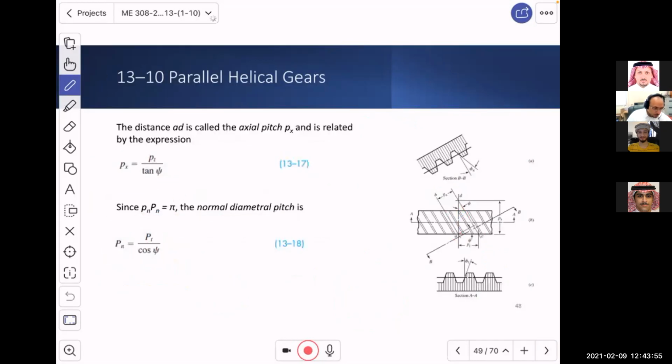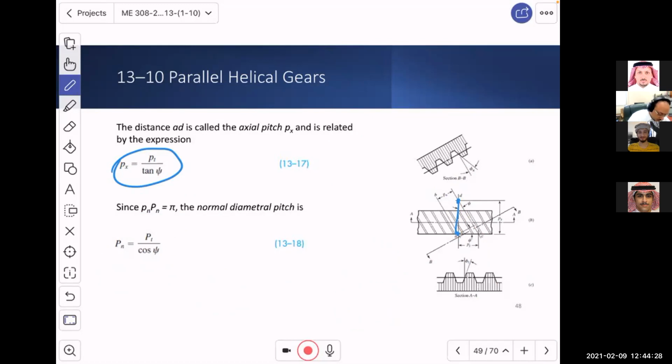Now, the distance AD, from A to D over here, is the axial pitch. It is related to the transverse pitch and the psi angle by tan psi, as you see in equation 13.7.